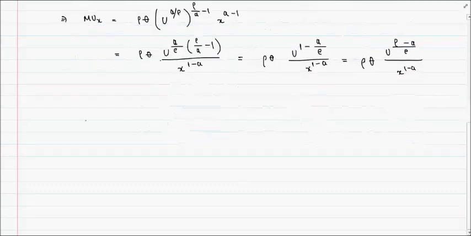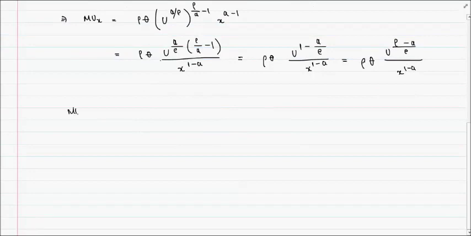Okay, so very similar for the marginal utility of y. That would just be the differential of u with respect to z times the differential of z with respect to y.